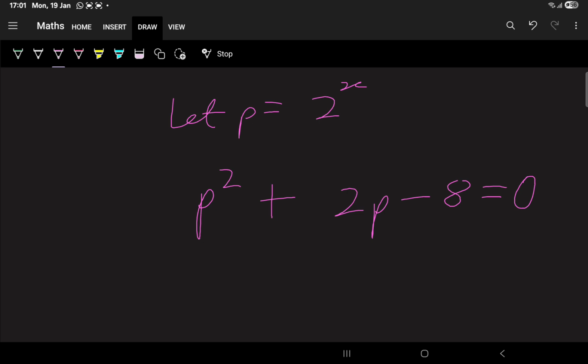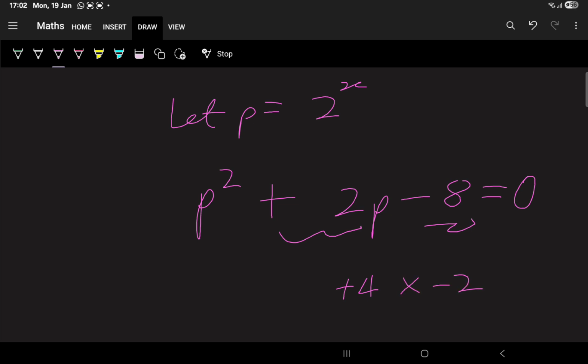Now factorizing this, two numbers I can multiply to give negative 8, and add to give positive 2p will be positive 4 and negative 2.